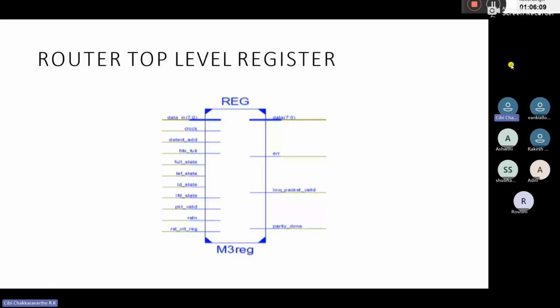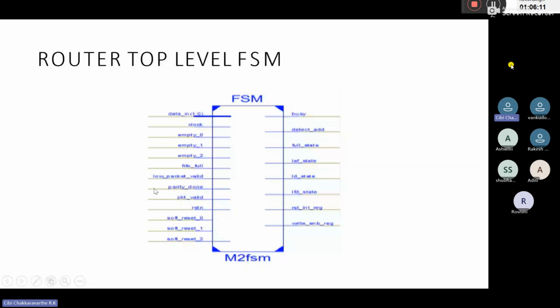And FSM also has, see here, the data is of 2 bits, that is the LSBs, bit 0 and bit 1. Why? It needs the information of the address alone. Our FSM does not need the data information, that is, the actual payload we are going to pass. What information our FSM needs is the address.